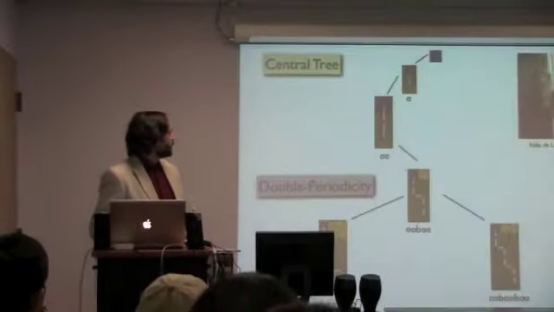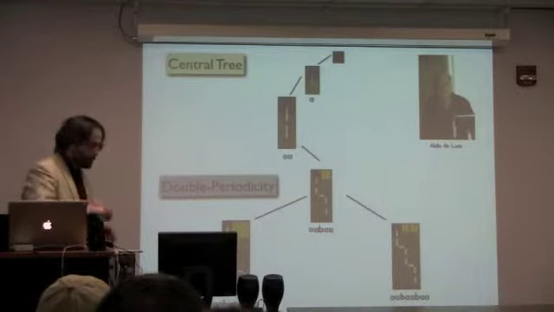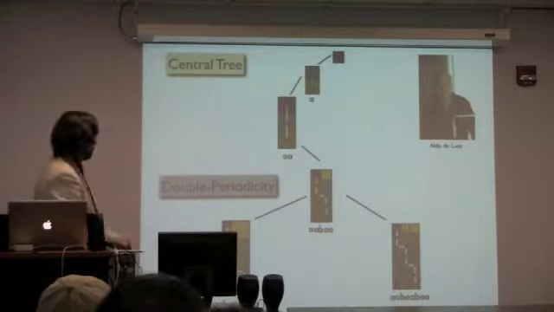Okay. Aldo de Luca should be credited for the following insights. Let's start again with the central tree, with the double periodic structure and so on. And we look at these central words. So each of these nodes has two periods, as we have seen here.